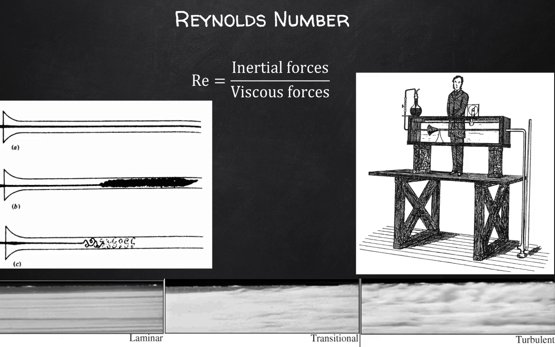Remember, inertia is a property where the fluid, if it is already flowing, will want to continue to do so, or if it is stationary, would also want to continue to do so.